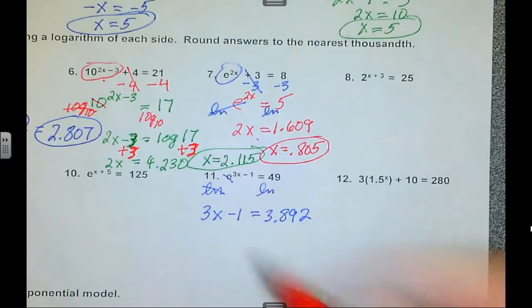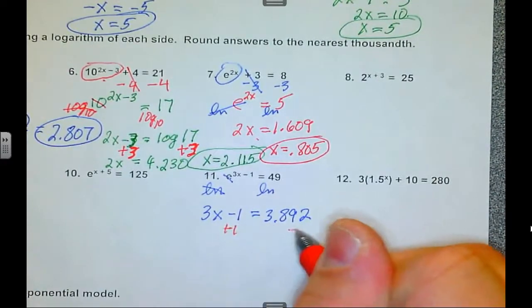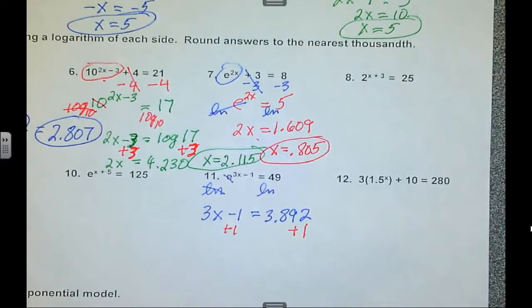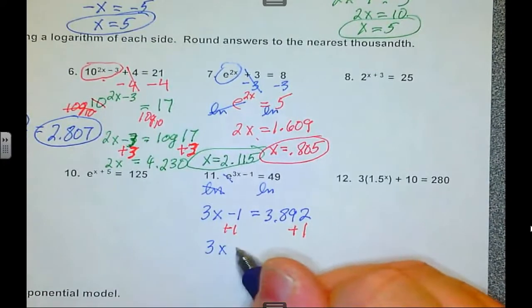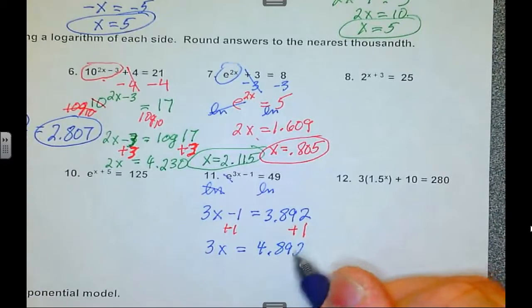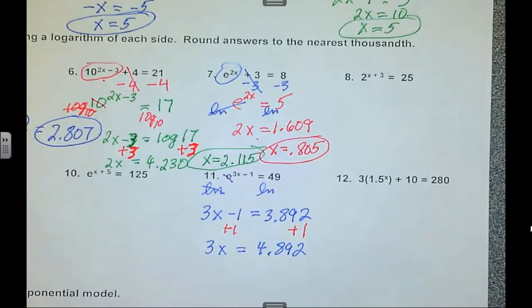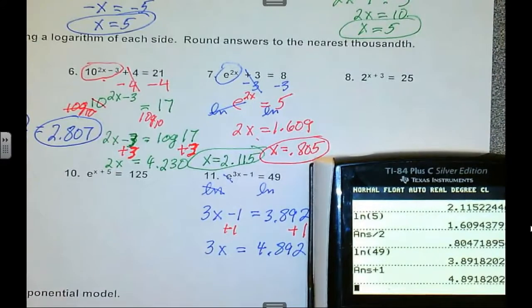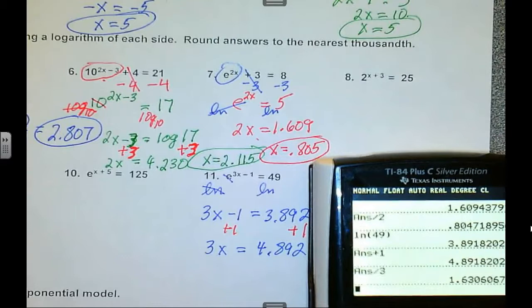Add 1 to both sides. So 3x equals 4.892. And then divide by 3. 1.631.